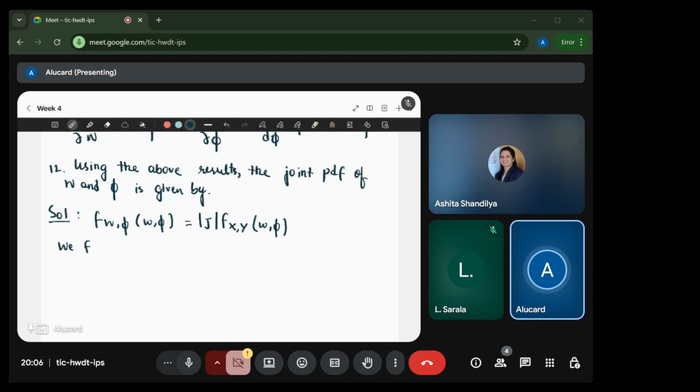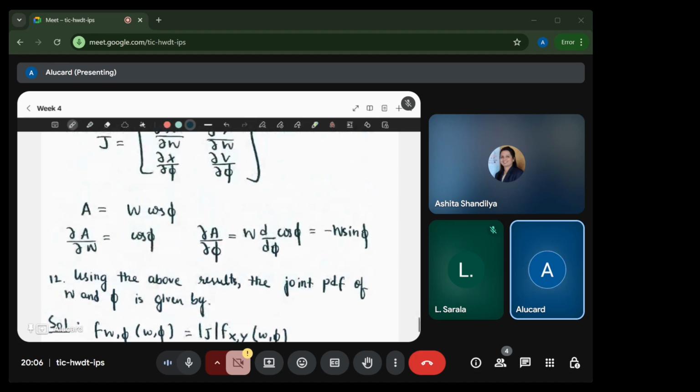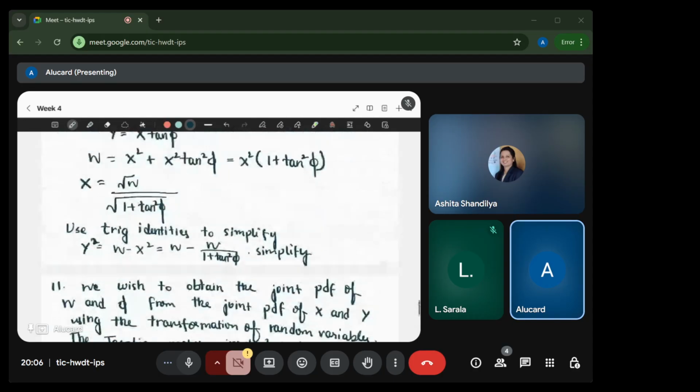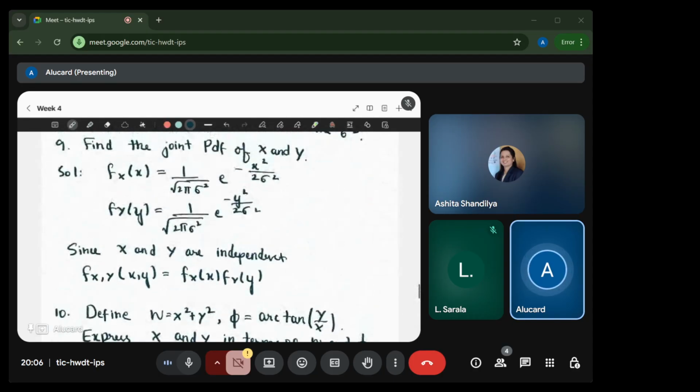So we found J in question 11, and we found fxy of xy in question 9.